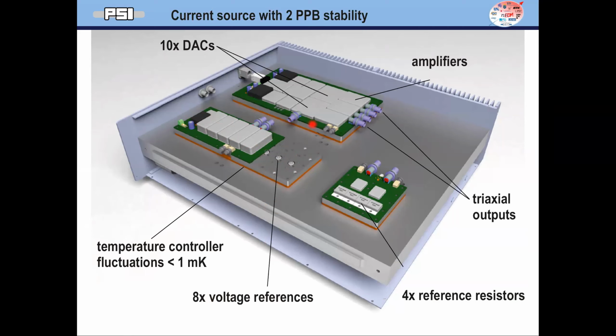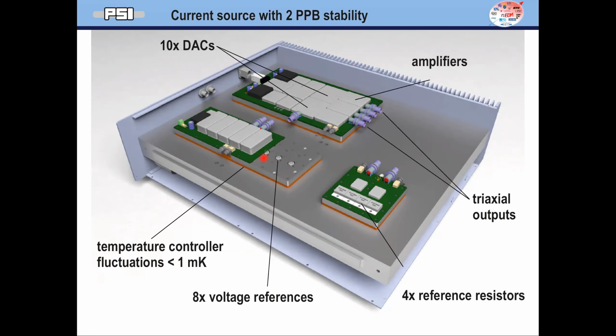Everything in this board here is temperature controlled to better than a millikelvin. So you see this huge aluminum plate, like 20 kilograms of aluminum, is the thermal mass, and then there are Peltier elements that control the temperature of those smaller aluminum plates on which then the boards are mounted.